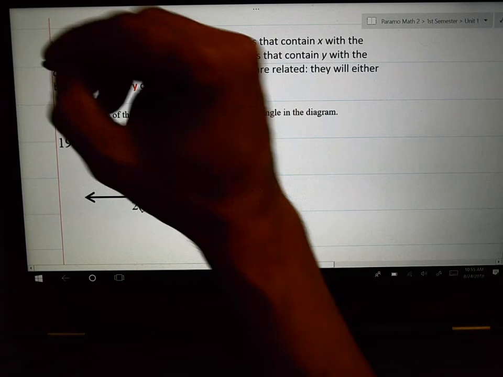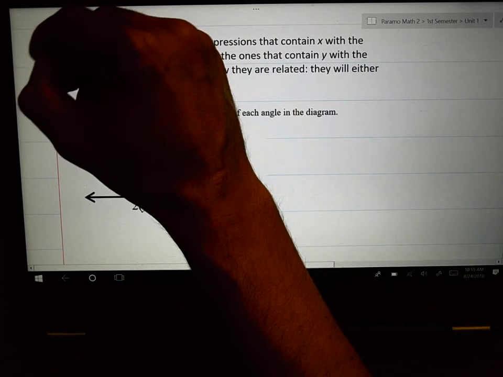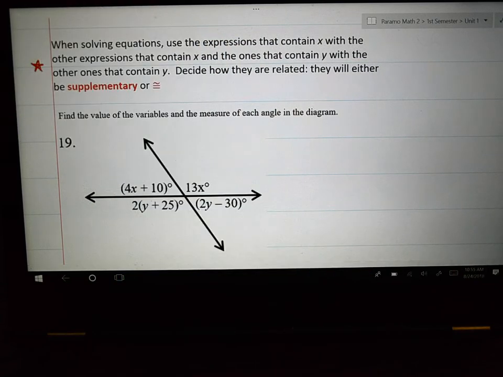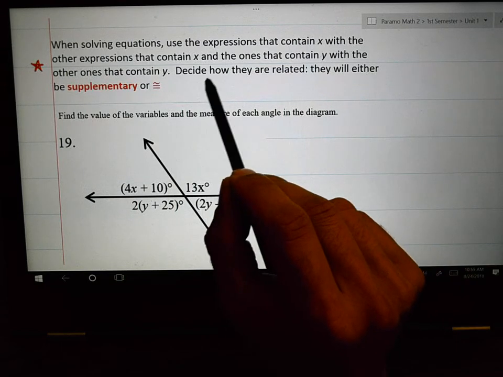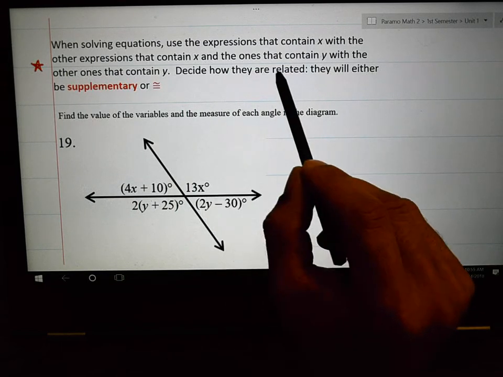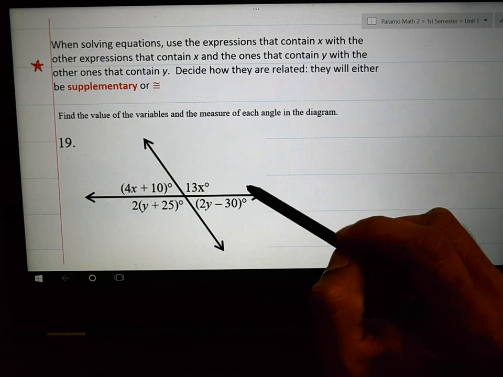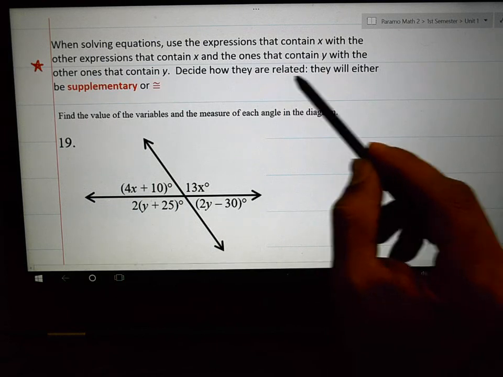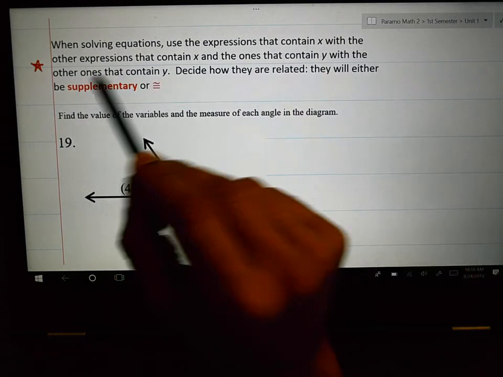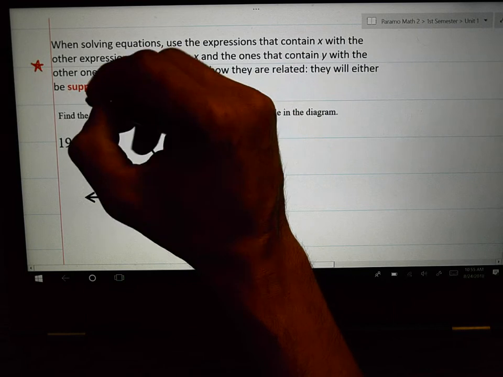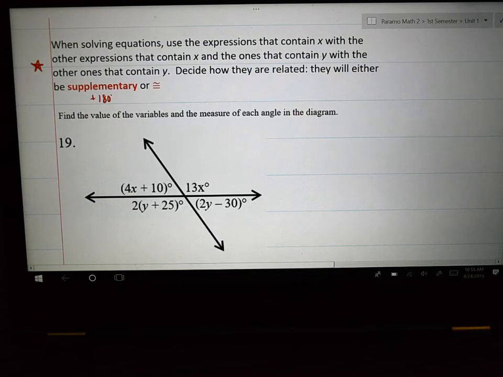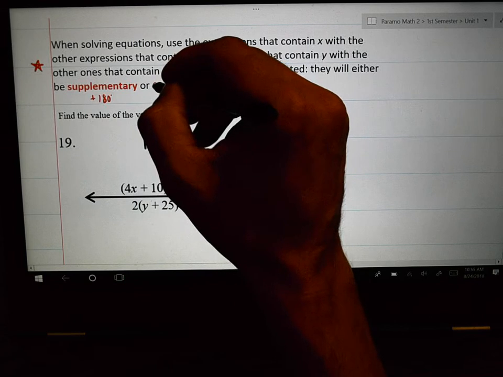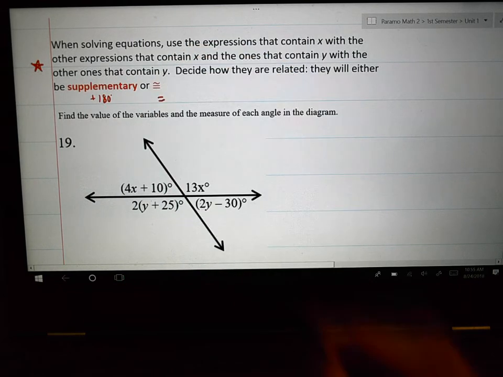The last thing that we wrote down in our notes was that really we're going to have to decide how two things are related. They will either be supplementary, which means they will add to 180 degrees, or they're going to be congruent, otherwise known as equal to each other.